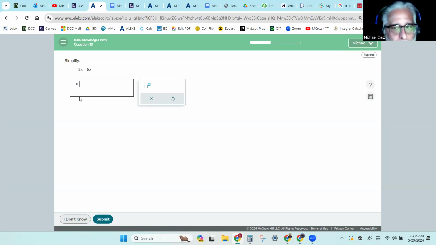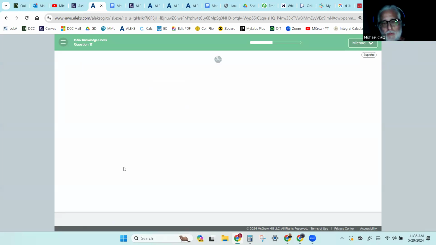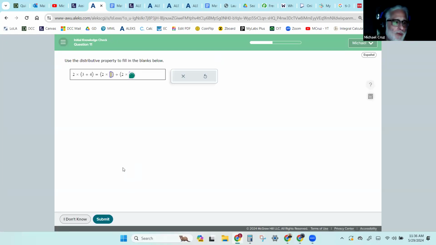And the common variable is x. Well, this is distribution probably. I don't like this problem, but we kind of got to live with it. But what the 2 times the things in the parentheses means, we're multiplying the 2 times the 3.